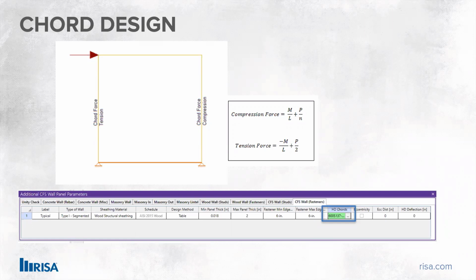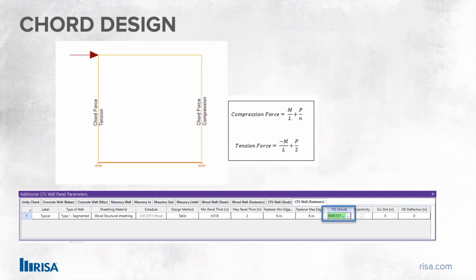Some assumptions for those chords: you're applying a tension and compression force on this, and the way we calculate that is we think about compression force there. We have a moment over the length of that wall. We also add in, for compression, a tributary area of just one stud, as if just one stud is going to be in the compression block of that chord.